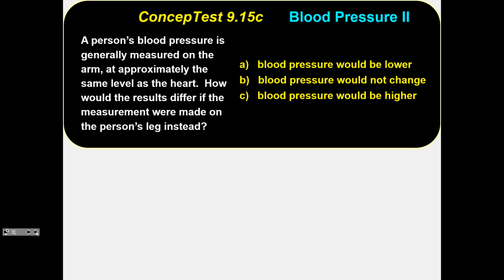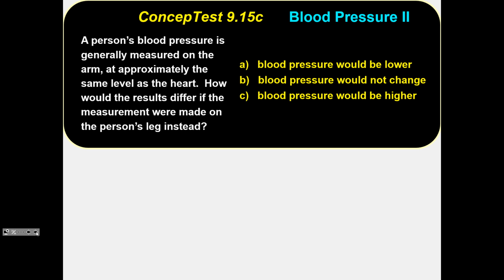You have this column of fluid in your body that rests on top of your feet. That's why, for some people, your feet get swollen as you get older, because the fluid sort of settles into the lower parts of your body.